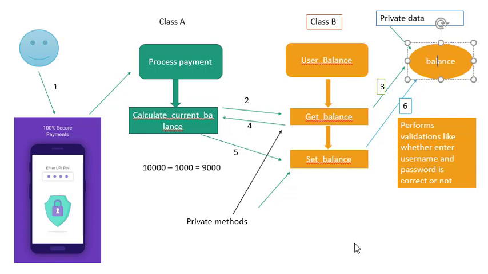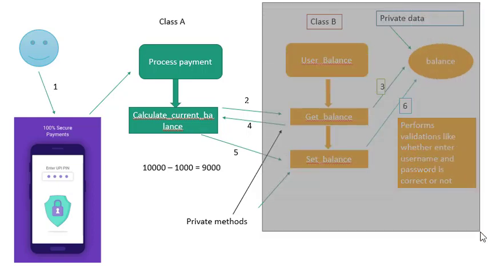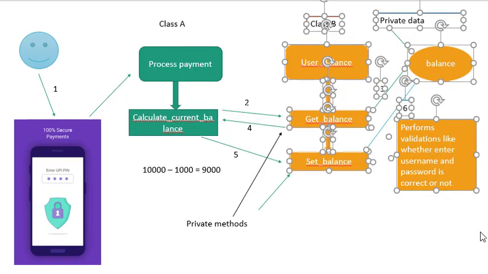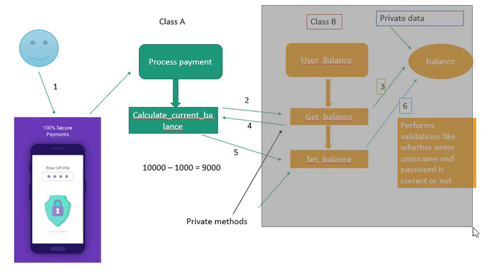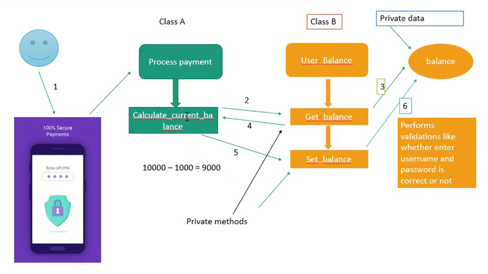Now we must be thinking, why are we doing all this? Why is everything here? Because even I thought the same thing, why we need this separate class. One method itself is enough.